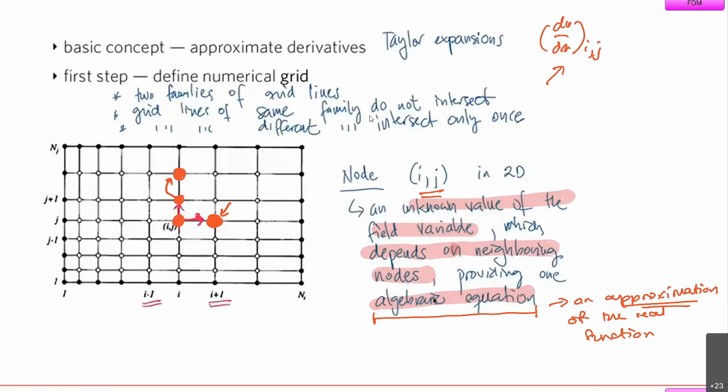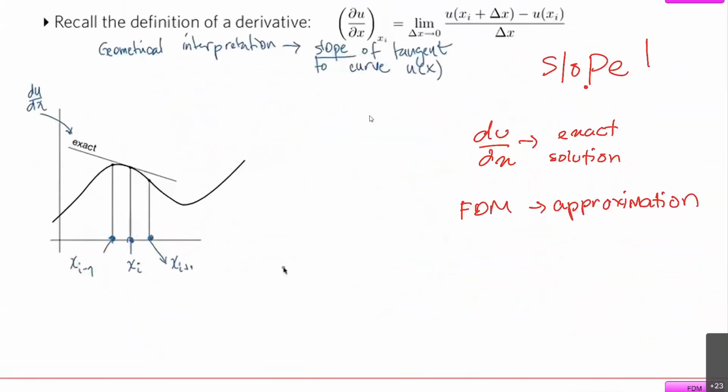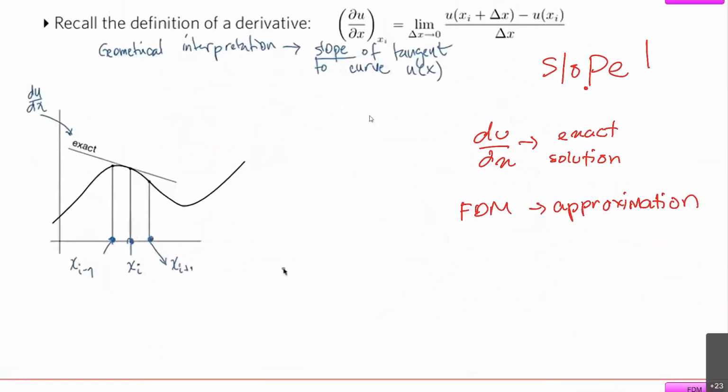Okay, so just now we looked at the elemental grid, and we looked at how we come up with the equations for forward difference, backward difference, and central difference. So now we understand that du dx from the Taylor series expansion refers to the slope of a function or a plot.